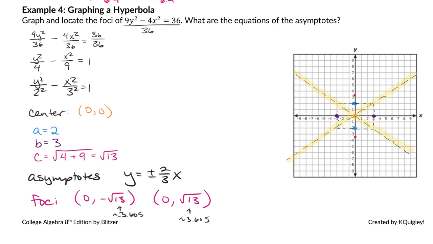You are going to connect the vertices, the major vertices, that's the blue points that should surround the foci, to create your hyperbola. So we will look at something like this and like this. And then boom, and then boom.